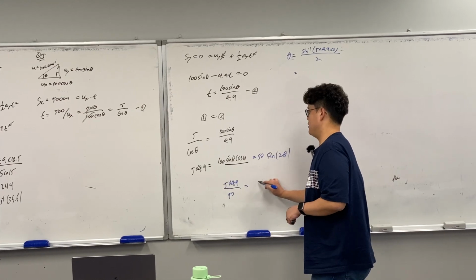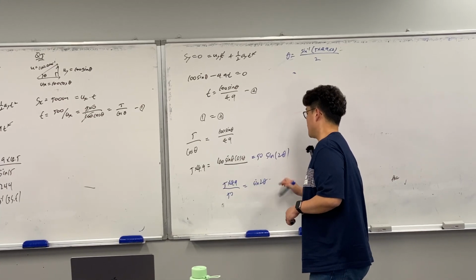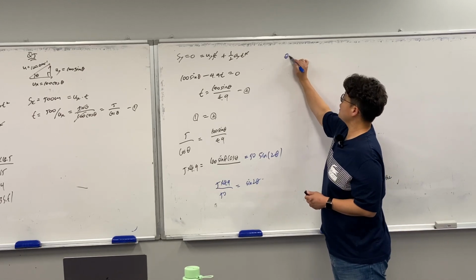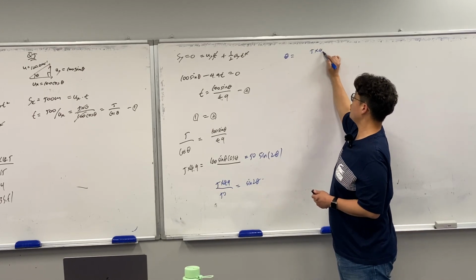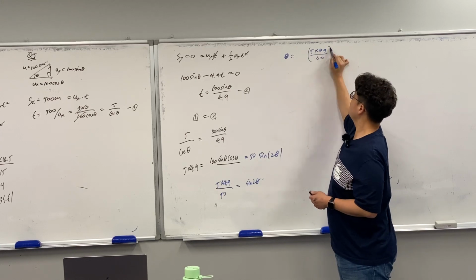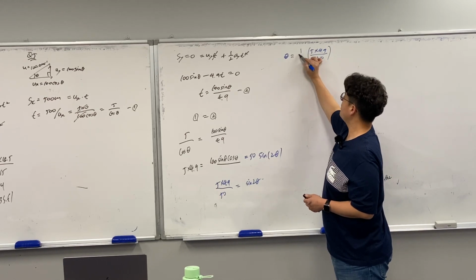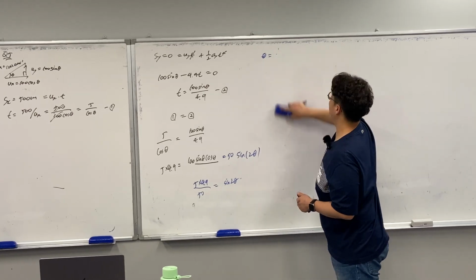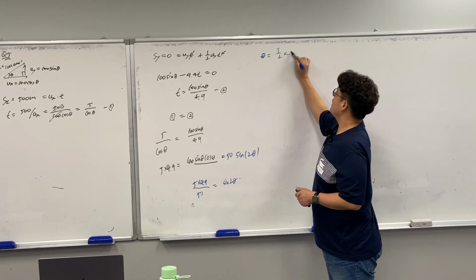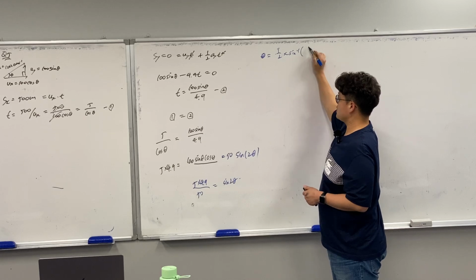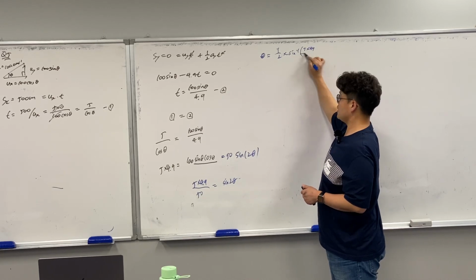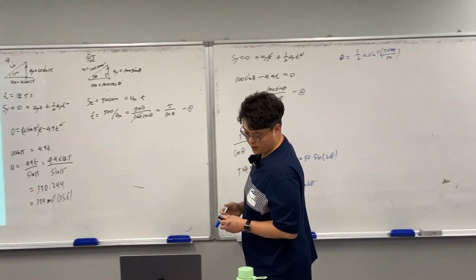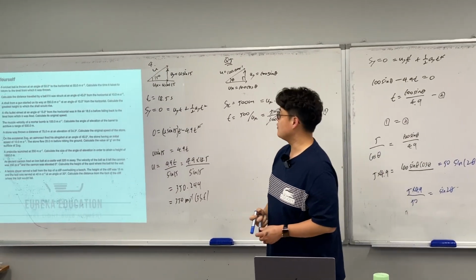So sine 2 theta, or theta, is equal to half times sine inverse of 5 times 4.9 on 50. I keep forgetting this. Okay, you can be my calculator to find the value.